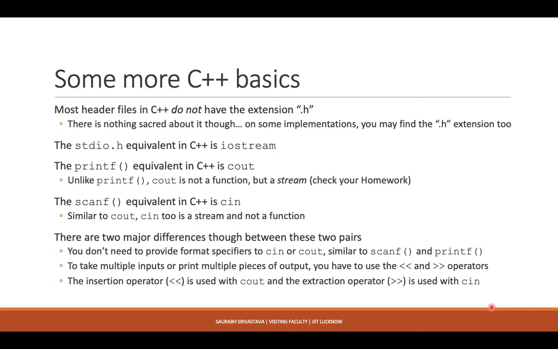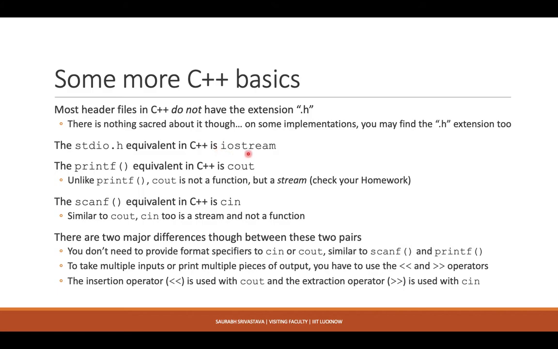So anyhow, some more C++ basics. Most header files in C++ do not have the .h extension that we used to see in C. So instead of writing stdio.h, the equivalent, though it's probably not the right term, is iostream.